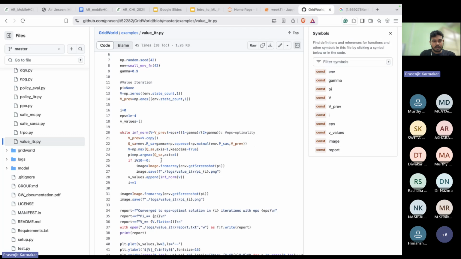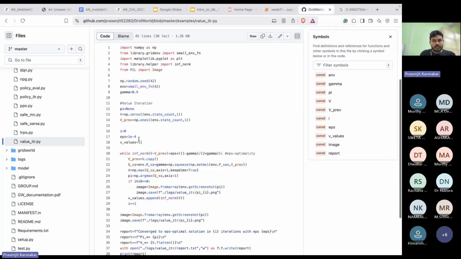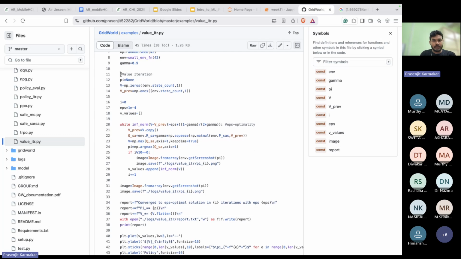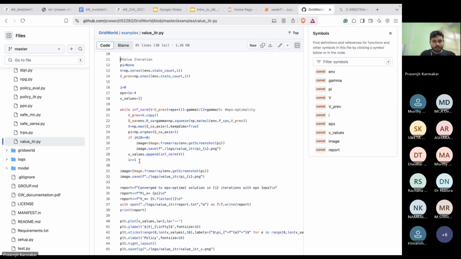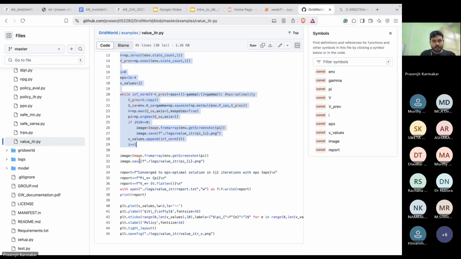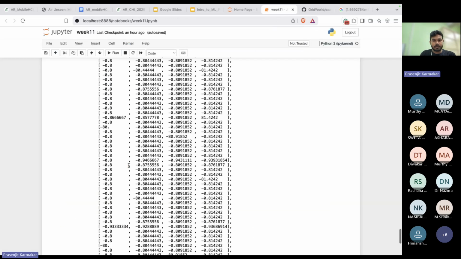Yeah, this is the value iteration. Okay, so let's just copy only the algorithm part. Okay, this is the algorithm part we have copied.